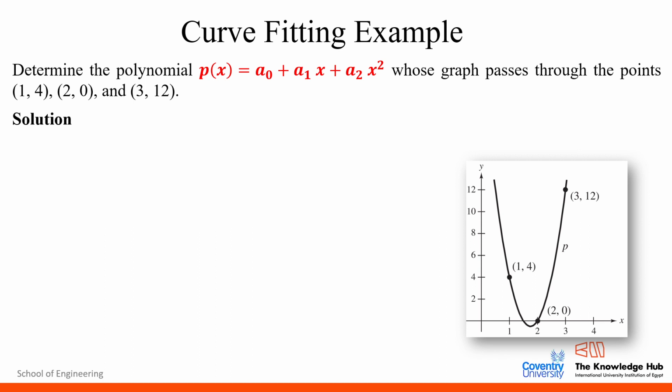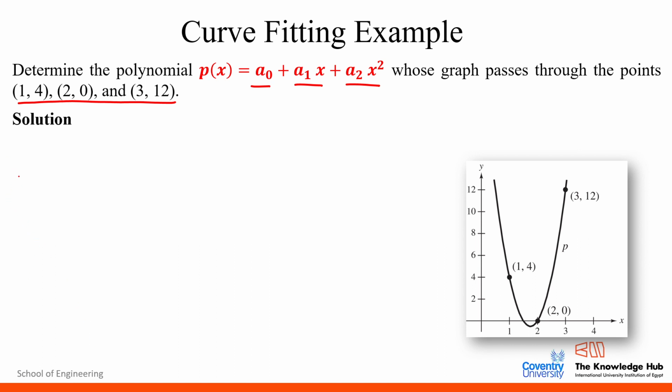Determine the polynomial p of x equal a naught plus a1x plus a2x power 2, whose graph passes through the points (1, 4), (2, 0), (3, 12). So we have here 3 points, and we have here 3 terms. So it is a polynomial function, and the steps would be substituting with the x values.